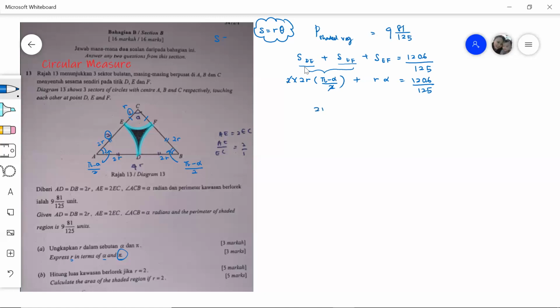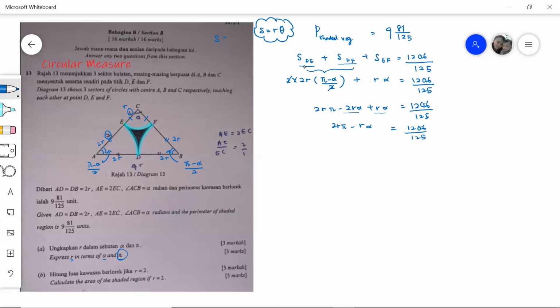So we have 2R pi minus 2R alpha plus R alpha equals this. Therefore, minus 2R alpha plus R alpha is left with just negative R alpha. So 2R pi minus R alpha equals 1206 over 125.